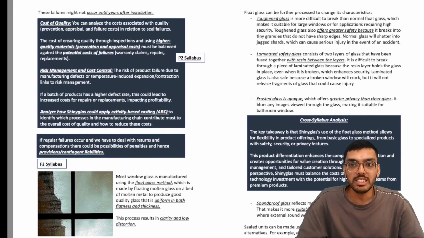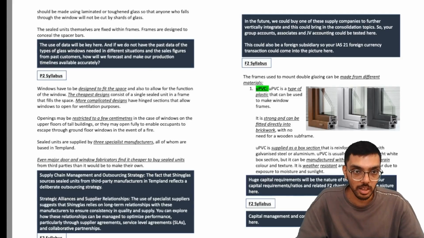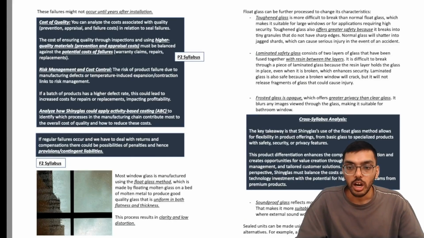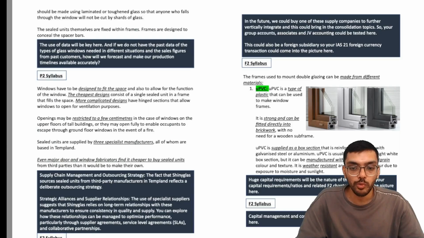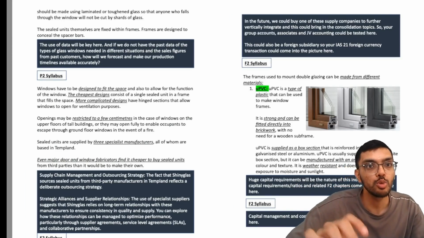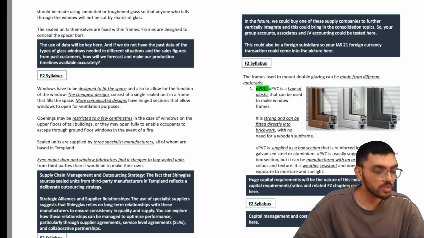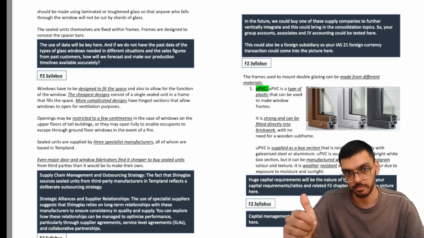So these are the different alternatives that can be made from the float glass method. So a large window that grows from your floor level to the ceiling level should be made using laminated or toughened glass, so that anyone who falls through the window will not be cut by those shards of glass.